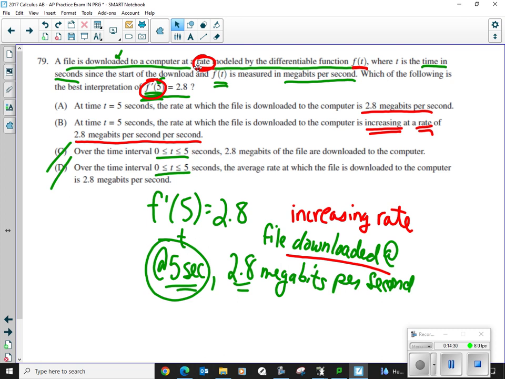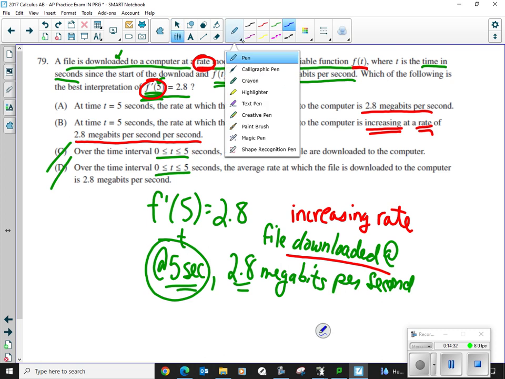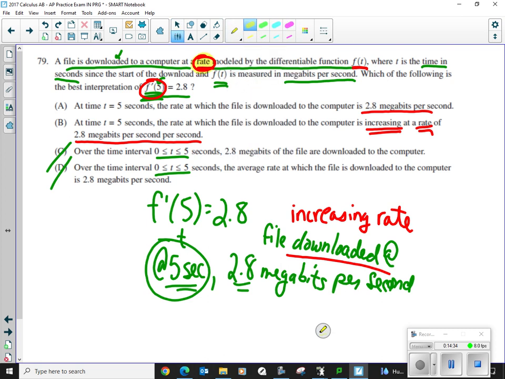That's the confusing part, and it's all because of this little word right here. When I give this to my students, they always take A. But you have a rate, and the derivative of that rate would be the change in the rate given. Okay, so the answer is B. Got to be very careful when you read these things.